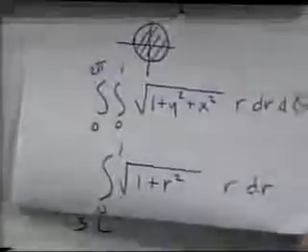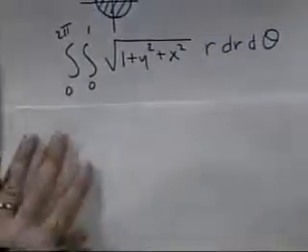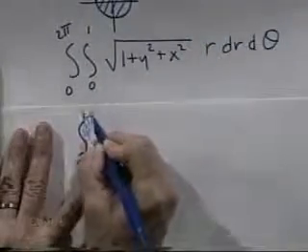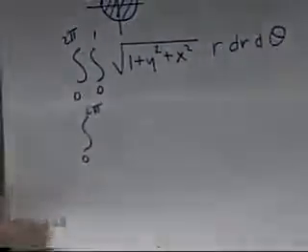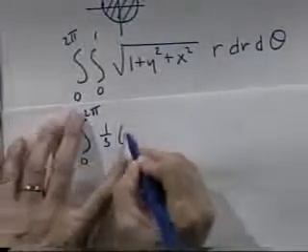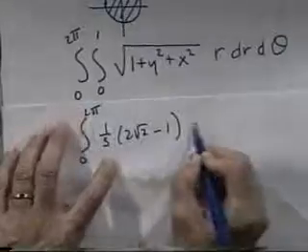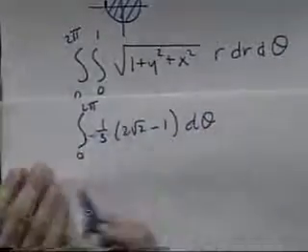Okay, and then for the outer integral, we just have 0 to 2 pi. What was my inner integral? Just a constant, 1/3 times 2 root 2 minus 1, d theta. You can drop kick this out front.